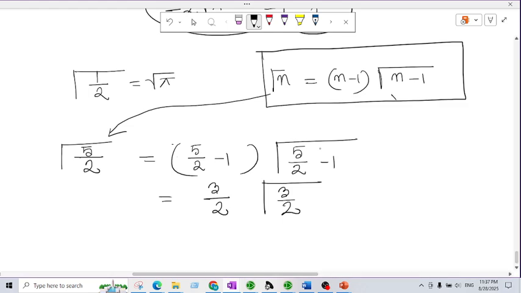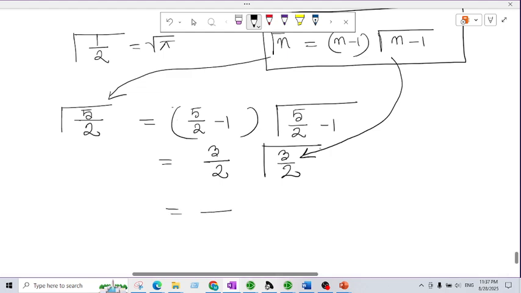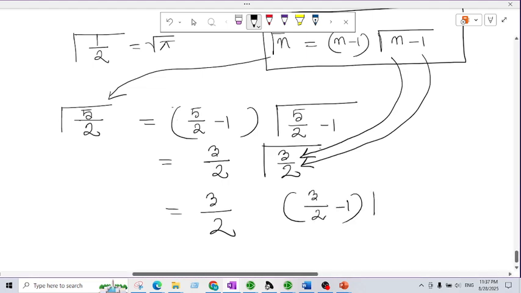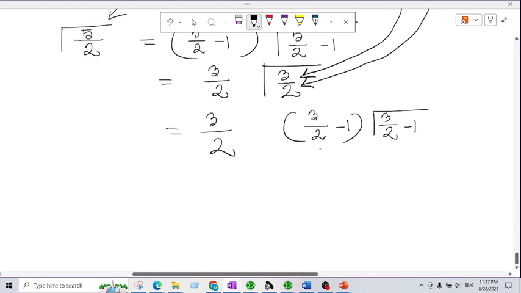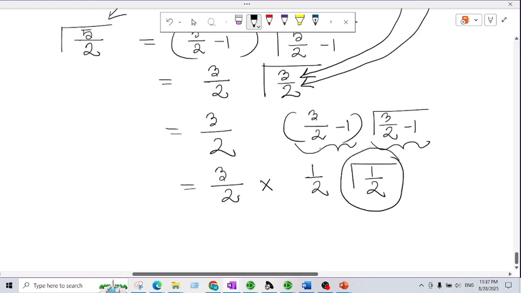We can again use this formula over gamma 3 by 2. So we have to write first 3 by 2 minus 1, then gamma 3 by 2 minus 1. So we can write 3 by 2, then this thing is equal to half, and this thing is equal to gamma half, and we know the value of gamma half.